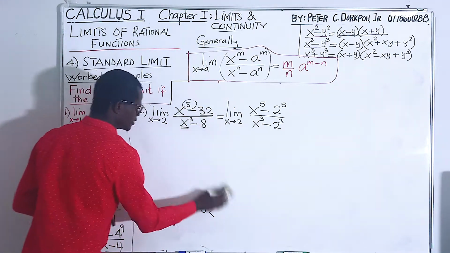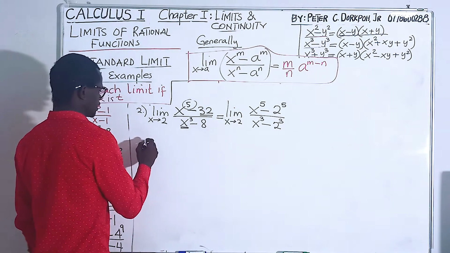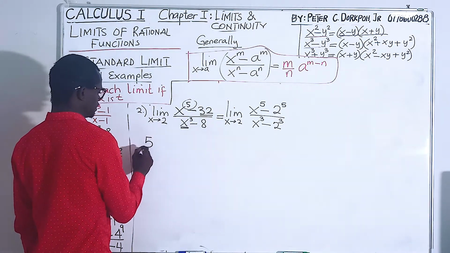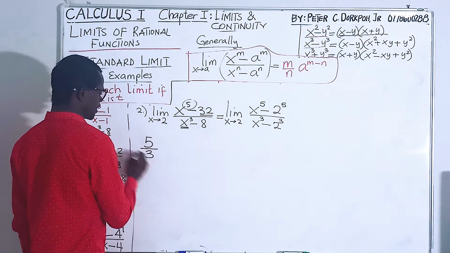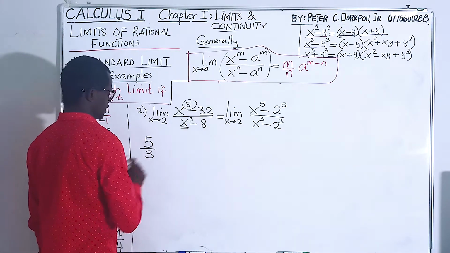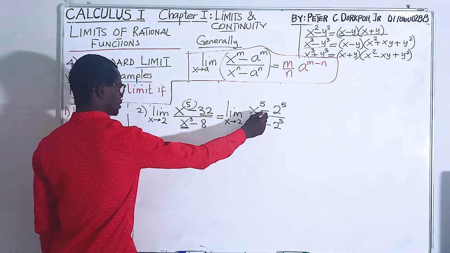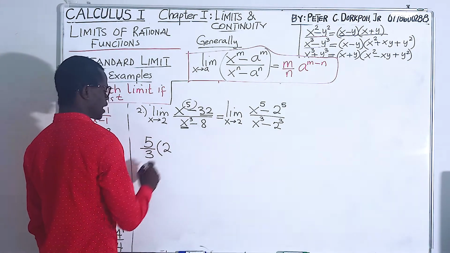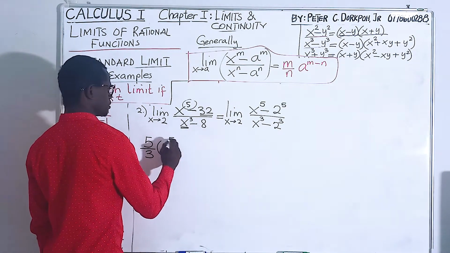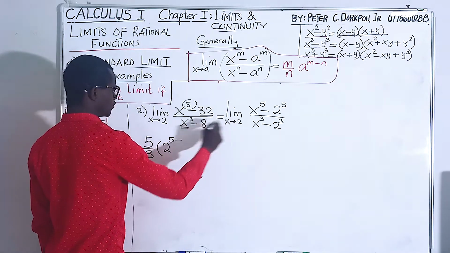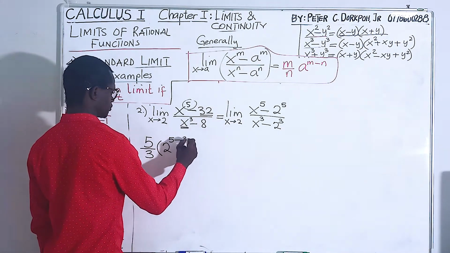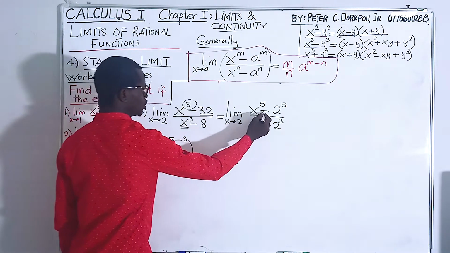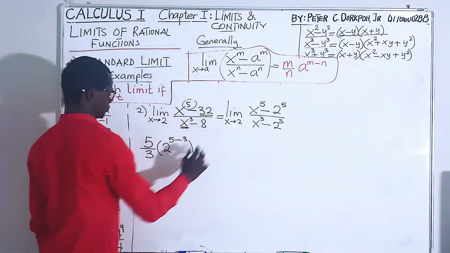So finally, we can just have our answer now to be the power of the numerator divided by the power of the denominator, right? Times the term that is attached to the negative 2 raised to the power 5 minus the power of the denominator 3. So if you are writing this 2, you don't carry this negative any longer.